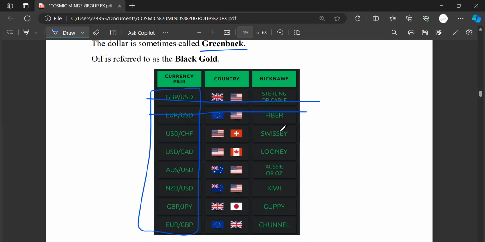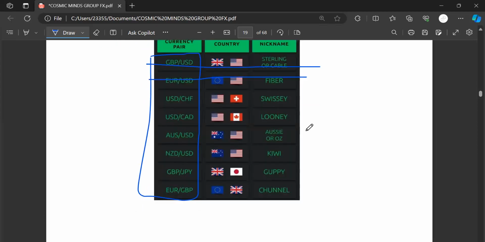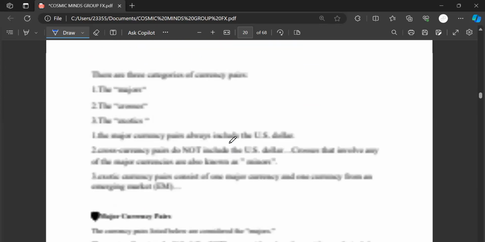It's not really important. That's not what is going to give you money, right? So this is what the major currency pairs are. That's the list.